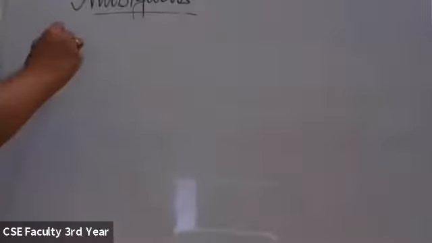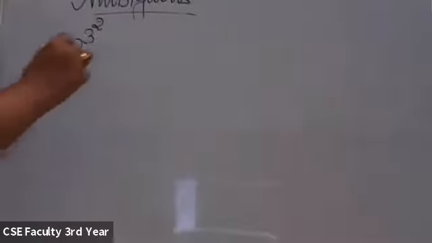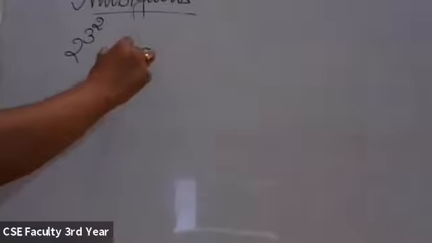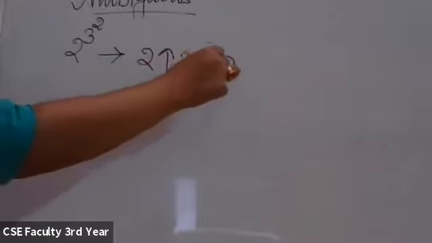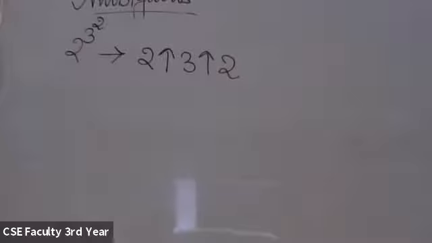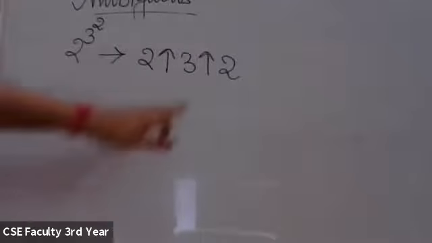Now let's suppose this is what we have, and this can be written like this. And what is the associativity of this operator?